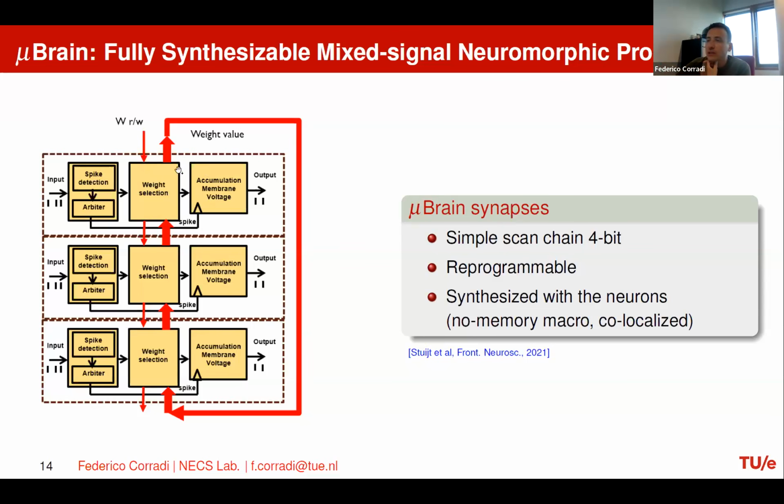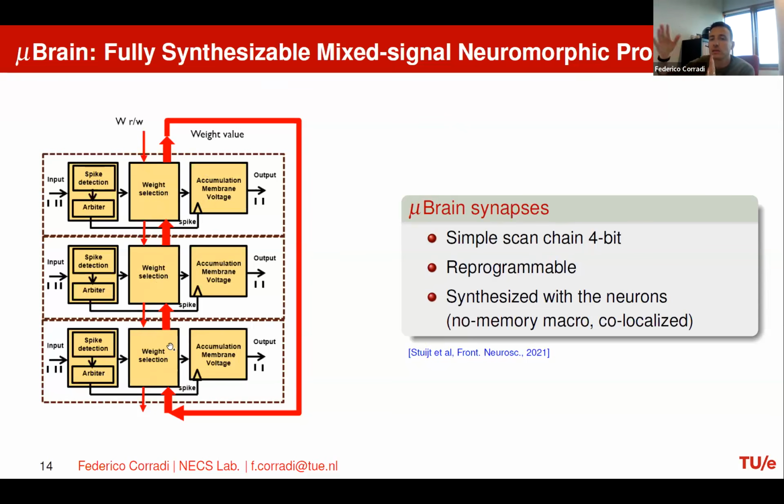We use a simple scan chain in which we connect in a chain the weight selection, the synaptic memory of each neuron, which you can program with 4 bits per synapse, and then we can reprogram them from outside.